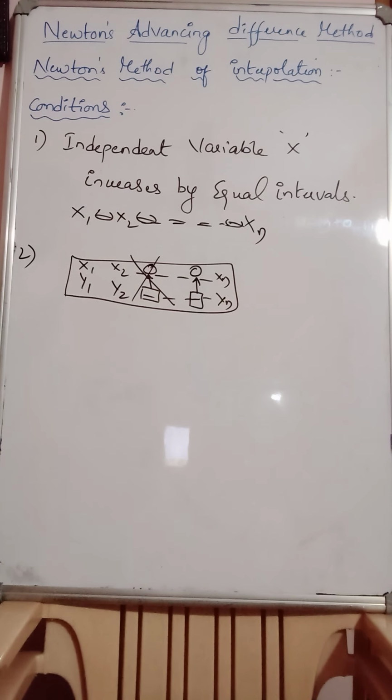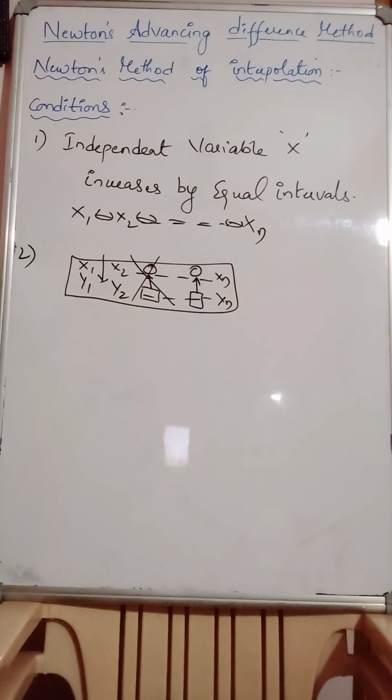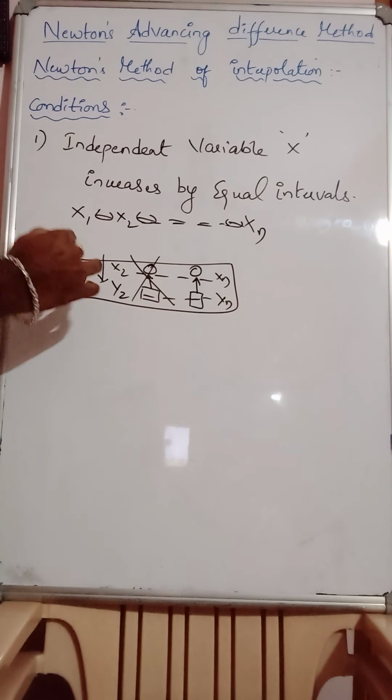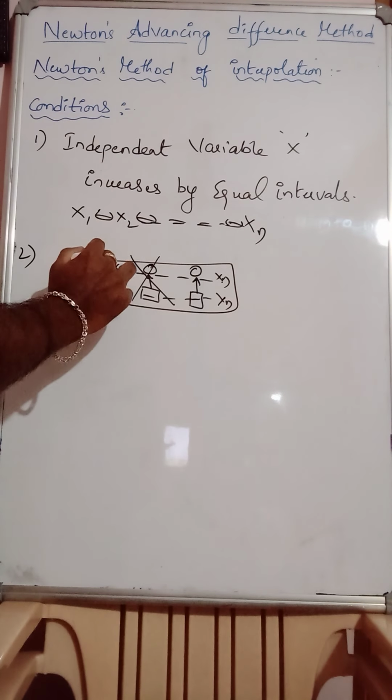That means it need not be the missing value of one of the corresponding values of x. It may be in between also or anywhere in the table, from x1 to xn. But usually there is a condition in Newton's method: the missing value you need to estimate must be in the initial stage itself.